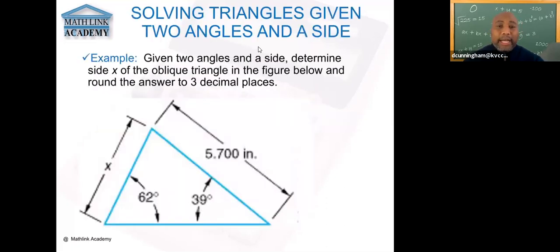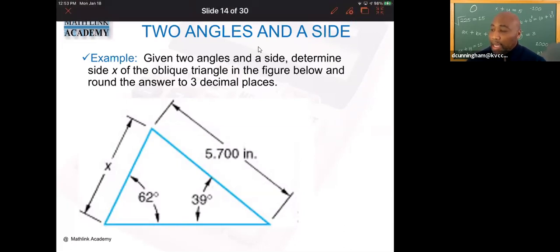So let's look at an example at this time. Given two angles and a side, determine side x of the oblique triangle in the figure below and round the answer to 3 decimal places. So let's notice what we have. We have two angles, and we want to find one of the sides, and one of the sides is given.